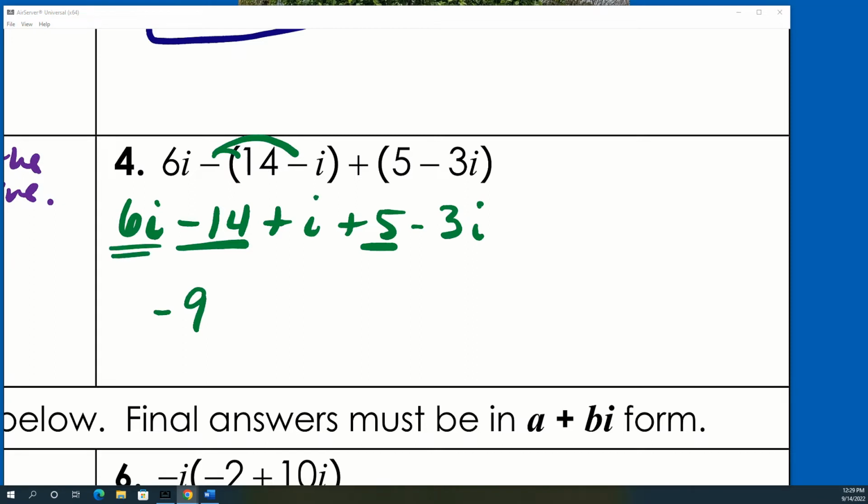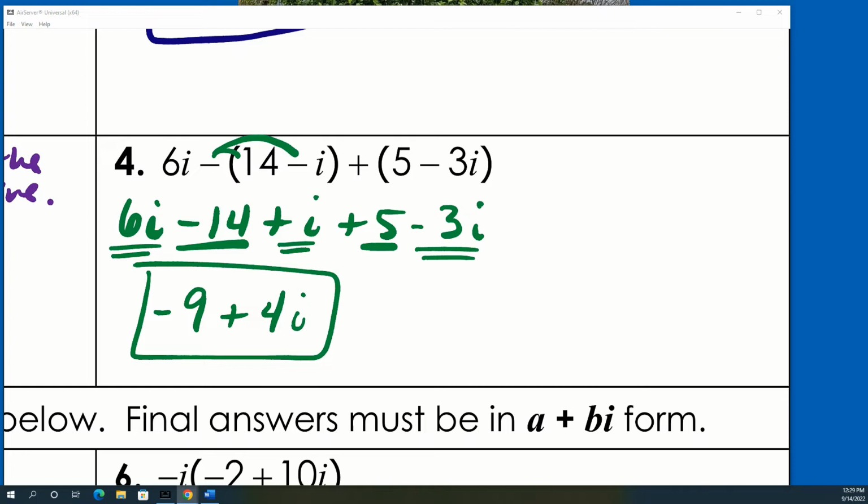And then 6i plus 1i minus 3i is plus 4i. So that should kind of feel familiar, like what you used to do when it was x's. So when you're adding and subtracting, you just kind of treat i like it's an x.